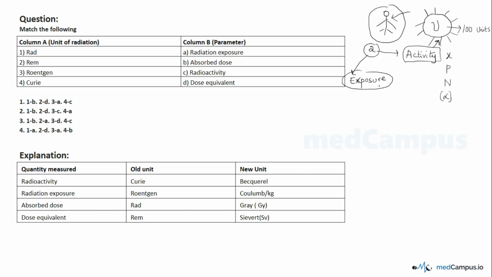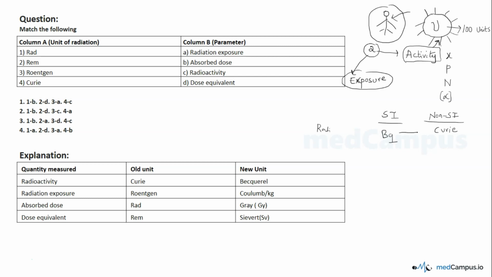There are two kinds of units for measurement: the SI unit and the non-SI unit. Actually, non-SI units are most commonly used. The non-SI unit of radioactivity is Curie. And the SI unit of radioactivity, very important, is becquerel.